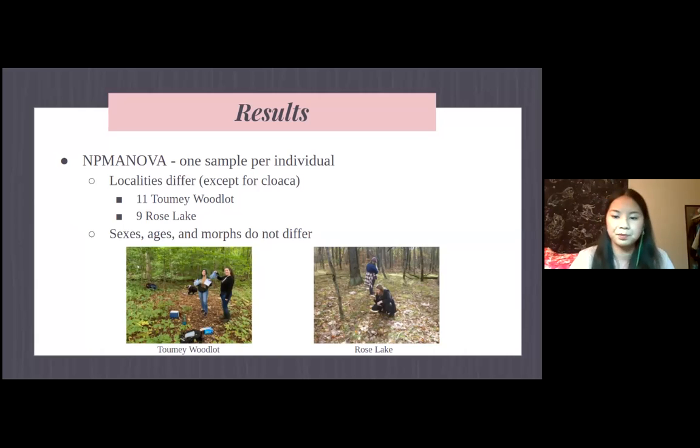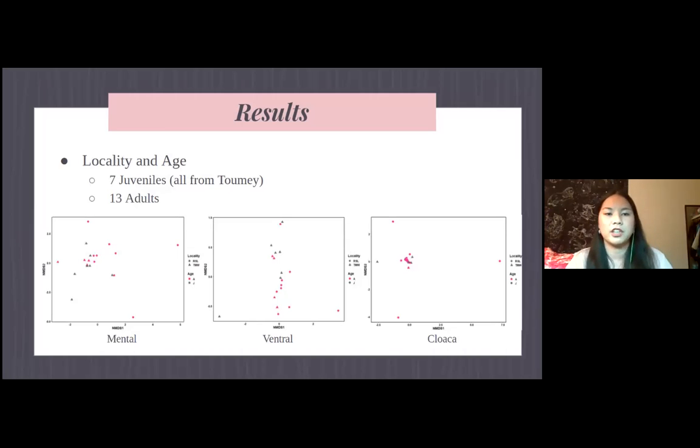Looking more closely at each of the different characteristics, first looking at the locality and the age, we found 7 juvenile salamanders and 13 adult salamanders. Something that is important for our study is that all 7 of our juveniles were found at Toohey Woodlot.